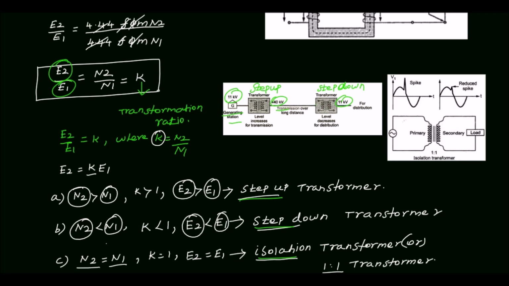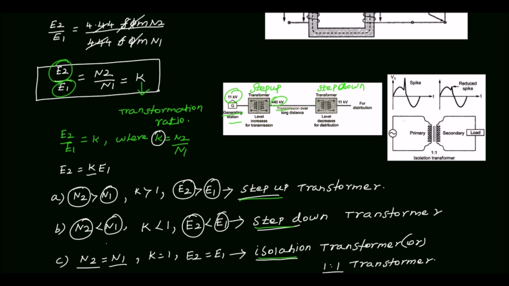Then this 11 kV will be distributed for utilization. So the step up transformer is mainly placed between the generating station and the transmission, and the step down transformer is mainly placed between the transmission and the distribution.